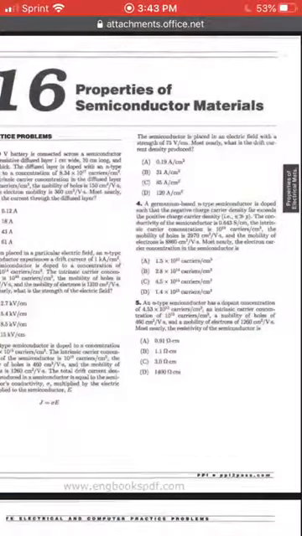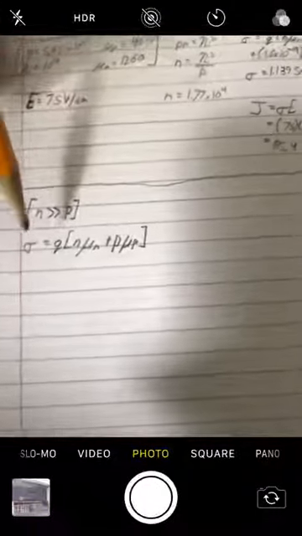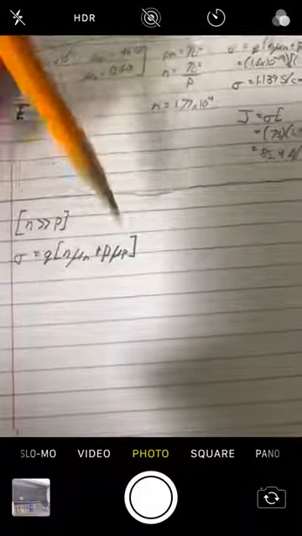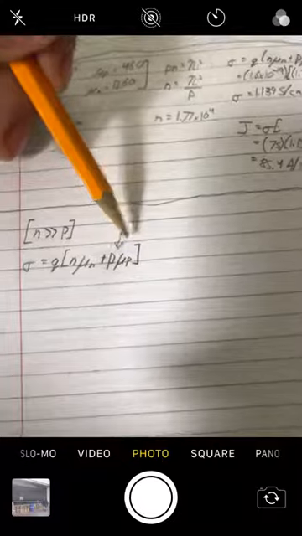Okay. So keep in mind that our N is going to be significantly bigger than P. So when you consider the conductivity, that means that if N is significantly bigger than P, this term right here just reduces down to 0.